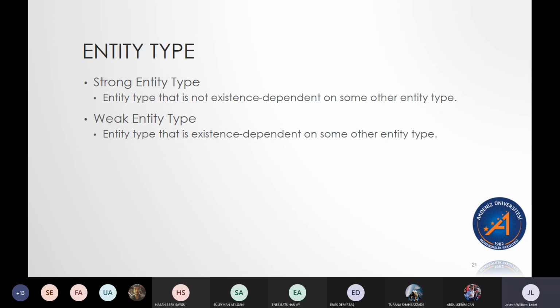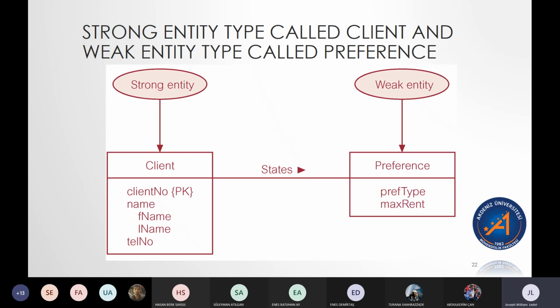If the department were to go away, the teacher would go away. In the same way, in this next example, we'll talk about client and preference, right? If a client states a preference, the client is strong, the preference is weak. If the client goes away, who does the preference belong to if there's no client?